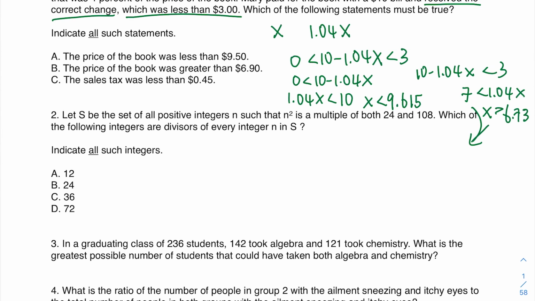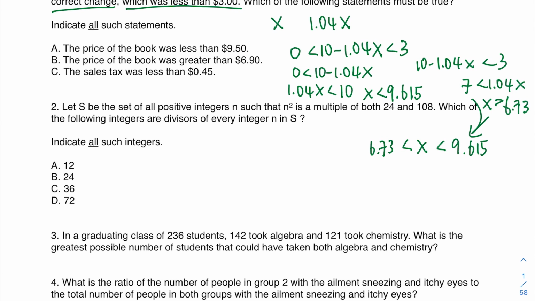Okay, I just cleared this inequality. So the range of the price of the book should be higher than 6.73 and also less than 9.615. Correspondingly, that is the price of the book.